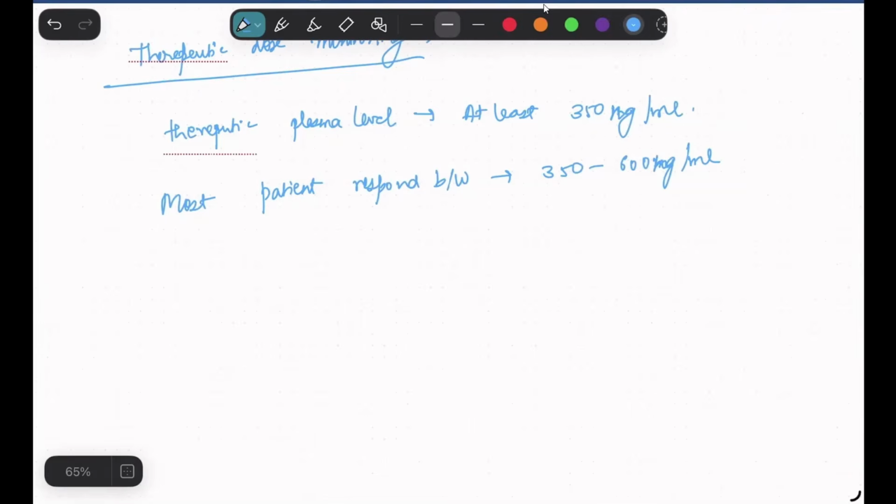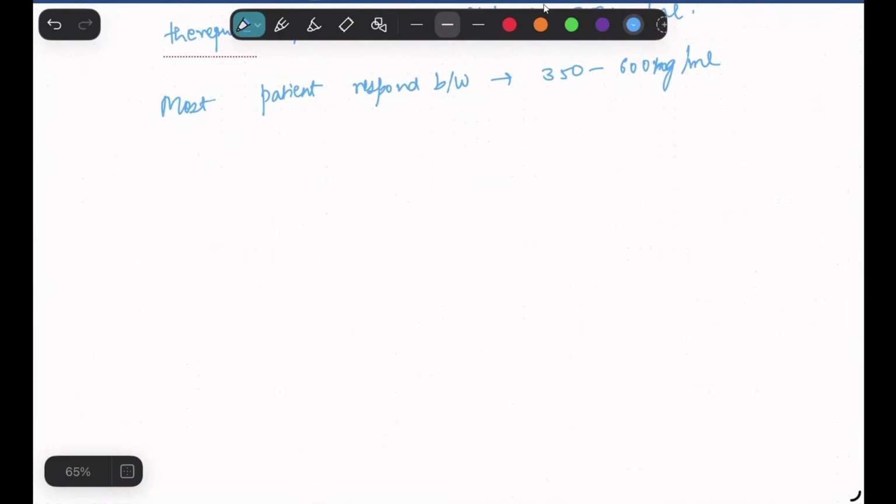Okay, clear? And it is seen that levels above 700 nanograms per ml are poorly tolerated.